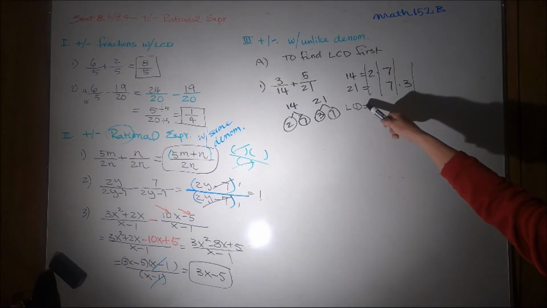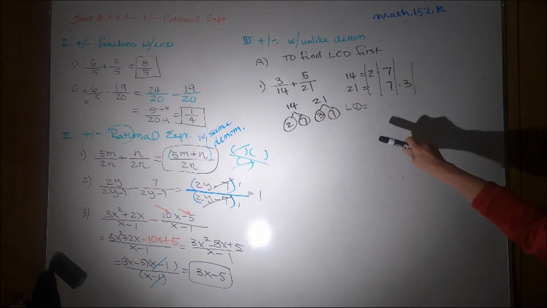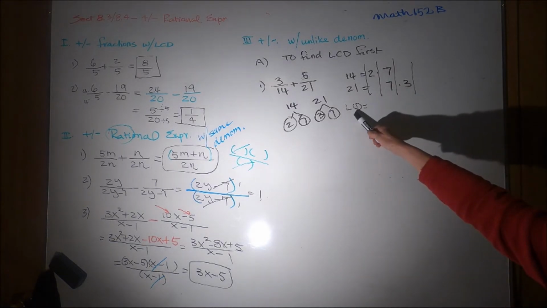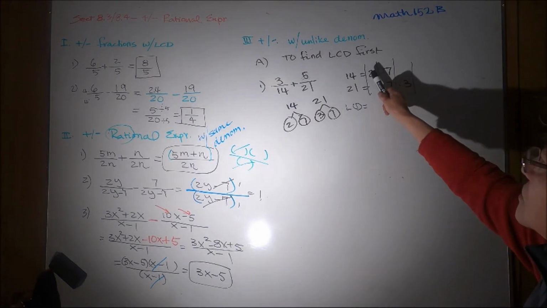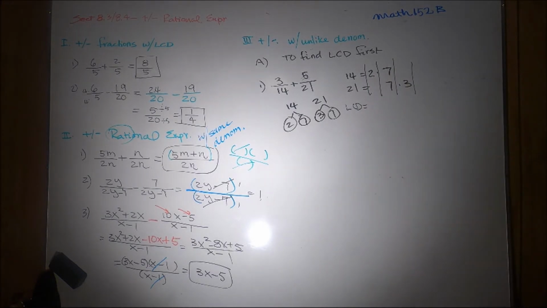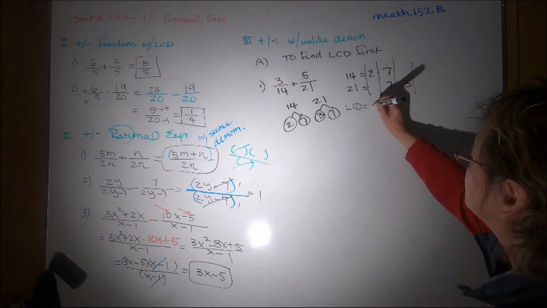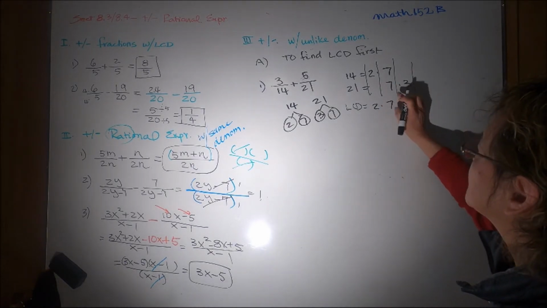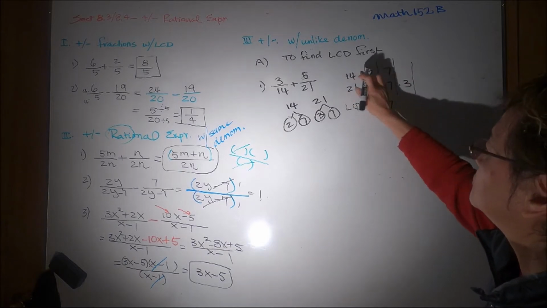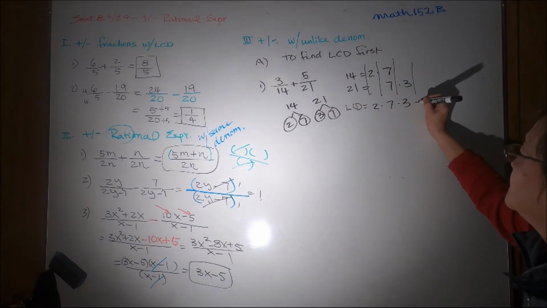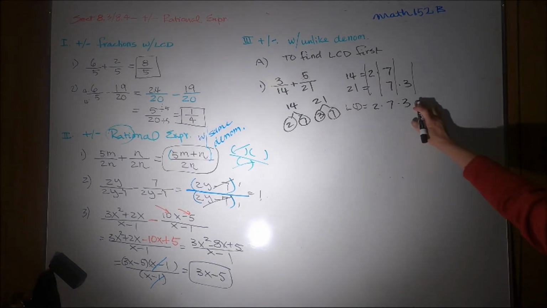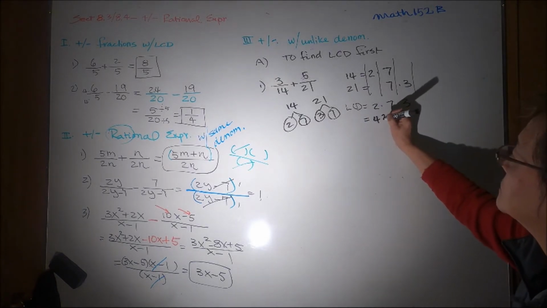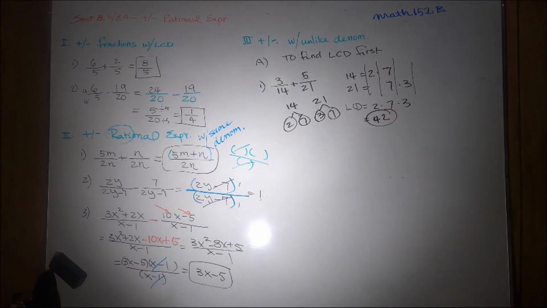Both have to go into it, so it has to include all the building blocks for all the numbers you are looking at. So you need a 2, you need a 7 just once because it can be built from 7 for both, and a 3. Then you multiply them together. 2 times 7 times 3 is 42. That's how you find the LCD, right?